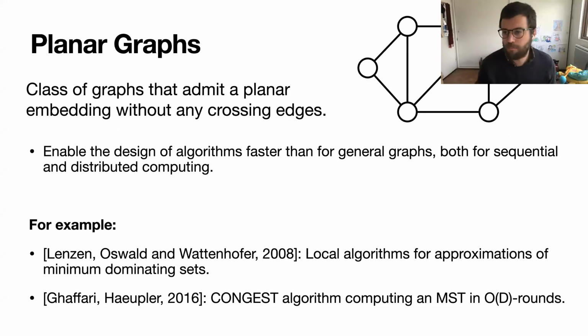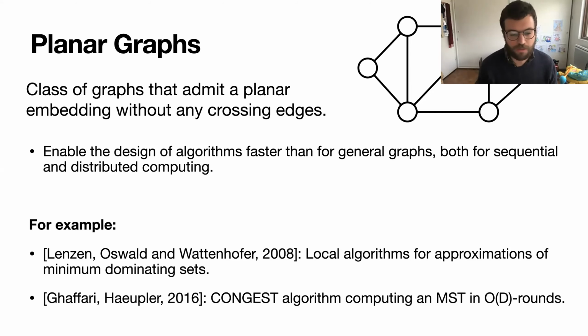So this talk is about planar graphs. Planar graphs are maybe one of the most studied graph classes, because they enable the design of faster algorithms than for general graphs, both for sequential and in the distributed case also. For example, there's this result from Lenzen, Oswald, and Wattenhofer from 2008, which shows a local algorithm for approximation of minimum dominating set in constant rounds, and that beats the log n lower bound for general graphs.